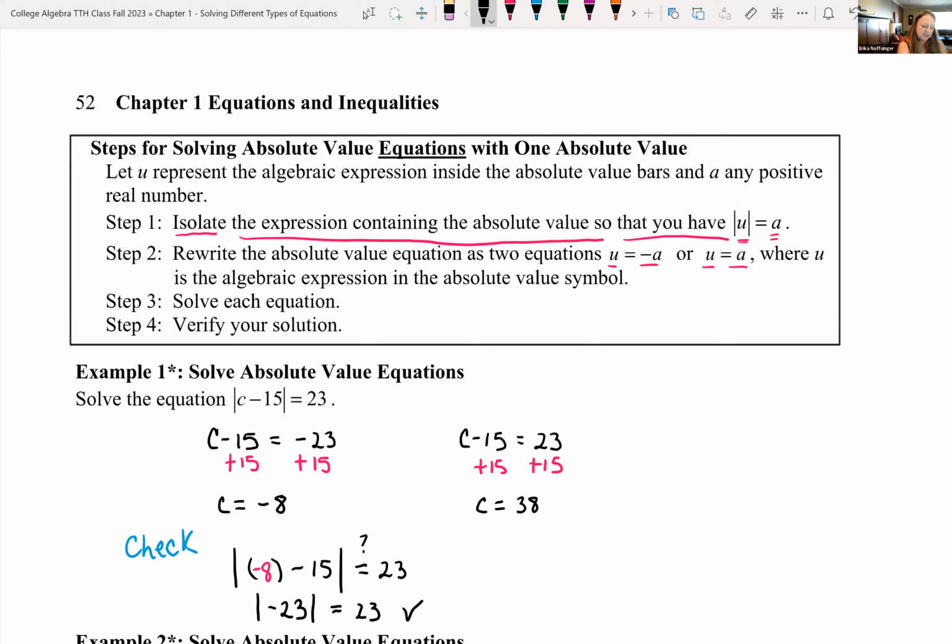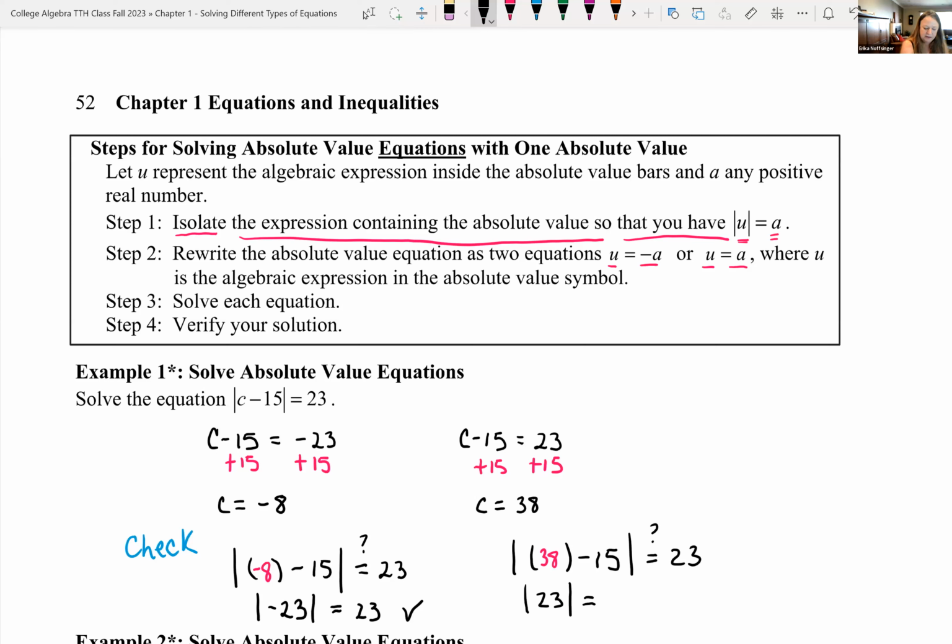We also want to do it for if c is 38. We're replacing c with 38 minus 15. Is this really 23? Simplify inside the absolute value first: 38 minus 15 is 23.